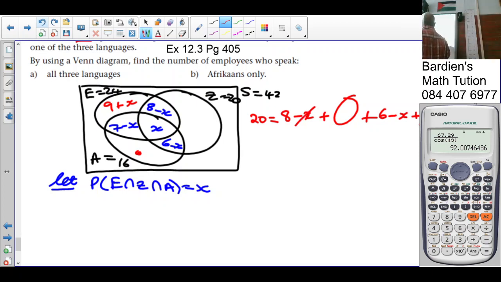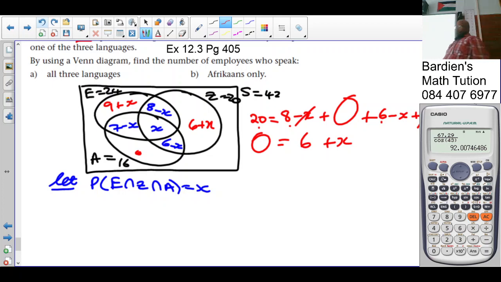That cancels. Okay, so that unknown, A equals 20 minus 8 is 14. Now 12. 12 minus 6 is 6 plus x. Okay, you all got that?